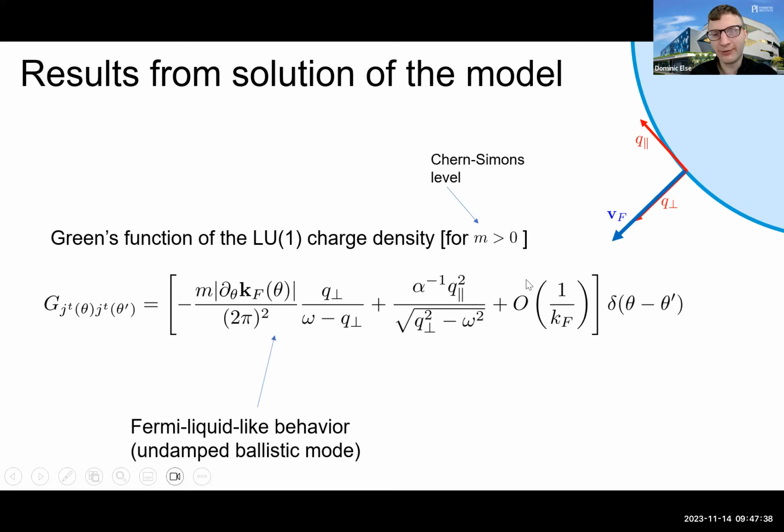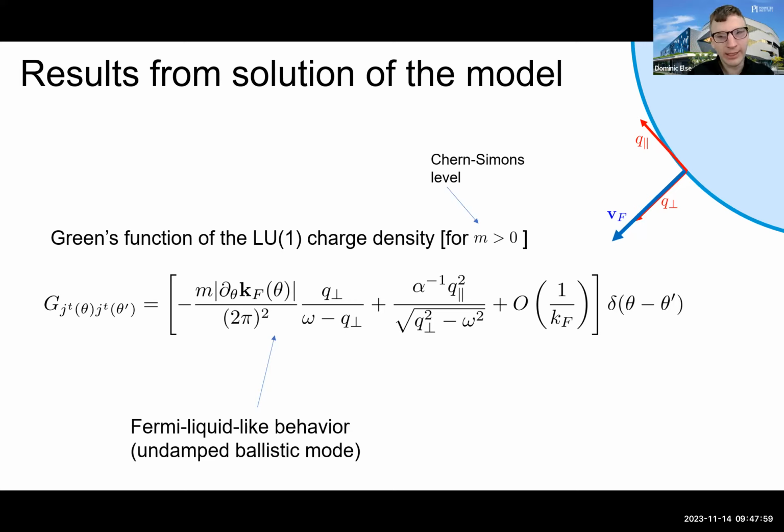Actually, the magnitude of VF here is just equal to 1, which is, I guess, the speed of light in the bulk theory in the units that I'm using. But the mode only moves in the direction perpendicular to the Fermi surface. It's chiral and directional in that sense.